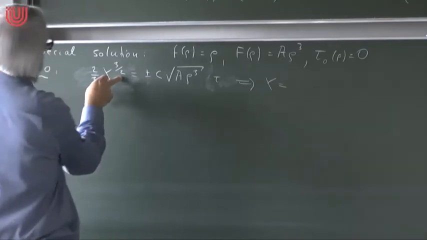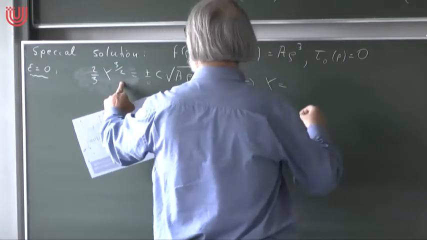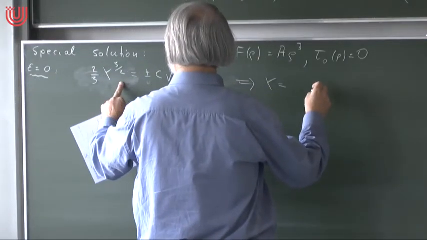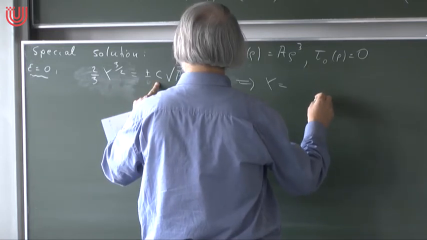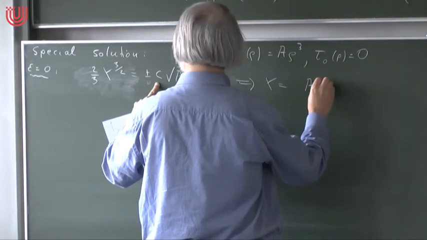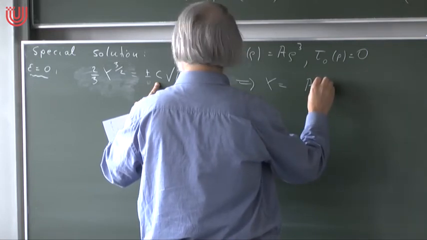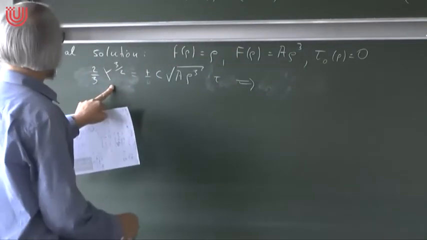I square it anyway, so the sign goes away. So I have y is, let me see, no, I cannot do it in my head. Let me do it slowly.